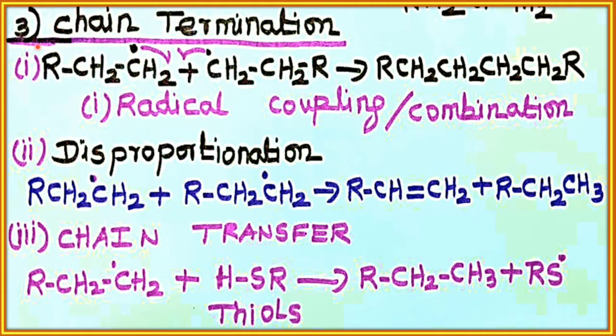The third important step in free radical mechanism is chain termination. There are three ways a chain reaction can be terminated: one, radical coupling or radical combination; two, disproportionation reaction; three, chain transfer reaction.